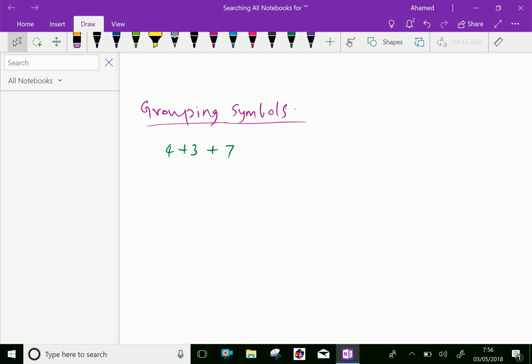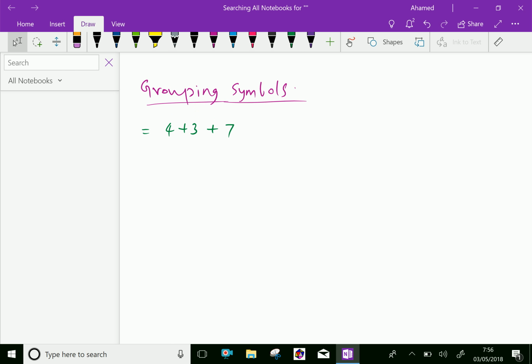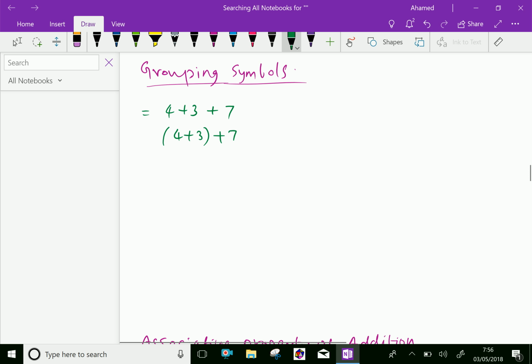We can add the first 2 numbers first, that is, group 4 plus 3 and add with the third number. First add the numbers in the group, that is inside the bracket, 4 plus 3 is 7, plus the number out of the group, another 7, which equals 14.